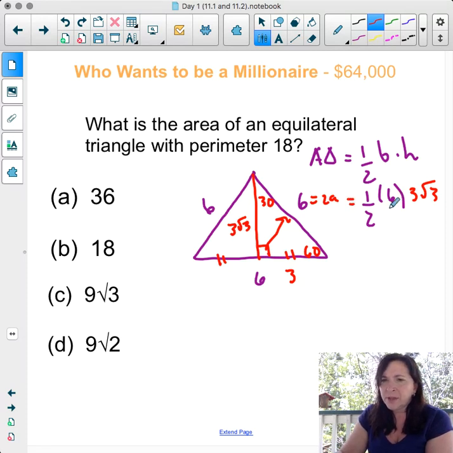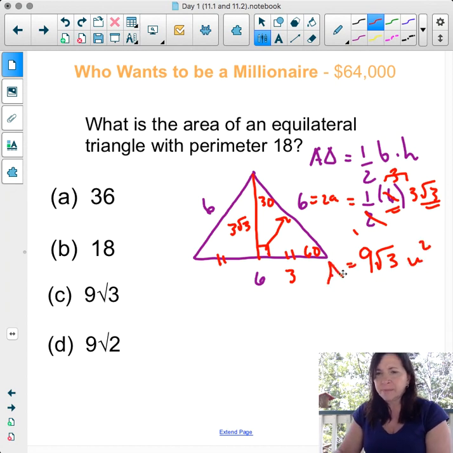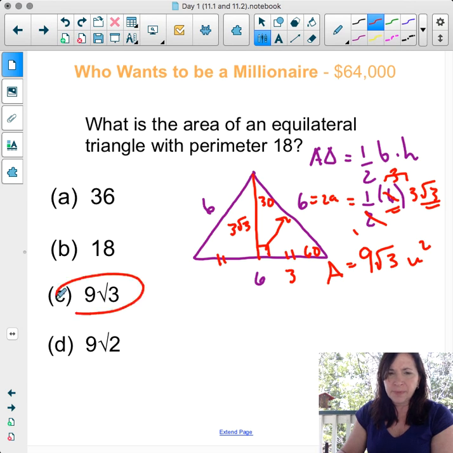Area is 1/2 base times my height. Now, I have a choice of either going 6 times 3, which is 18, and then dividing by 2, which is 9. Or I can say 2 divides into 6 3 times, and then say 3 times 3, which is 9. So either way, I'm going to get 9 root 3 units squared, and that's my area.